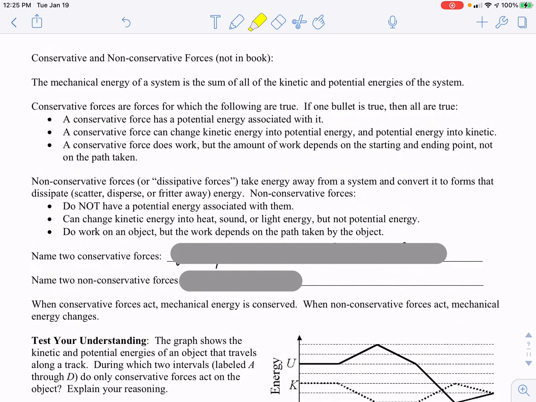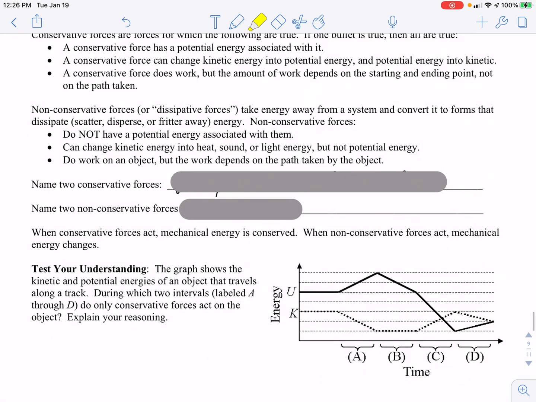A conservative force does work, but the amount of work does not depend on the path that you take for displacement, only the start and ending points. A non-conservative force is called a dissipative force, and this is one that takes energy or removes energy from the system. Scatters it, if you will. That's what dissipate refers to.